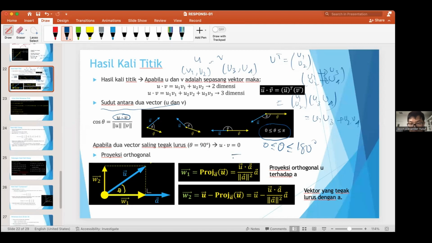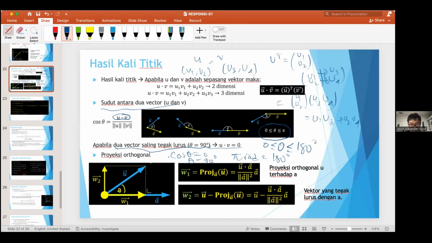If you forget the conversion, just remember pi radians equals 180 degrees. Okay. If two vectors, as mentioned previously, are perpendicular, which means theta is equal to 90, that means u dot v equals 0, because if cos theta is equal to 0, theta will be 90 degrees. Okay.